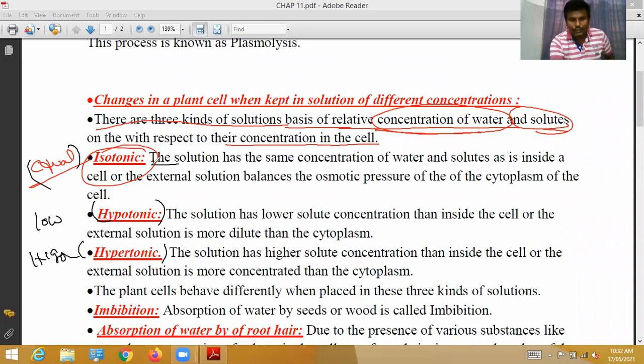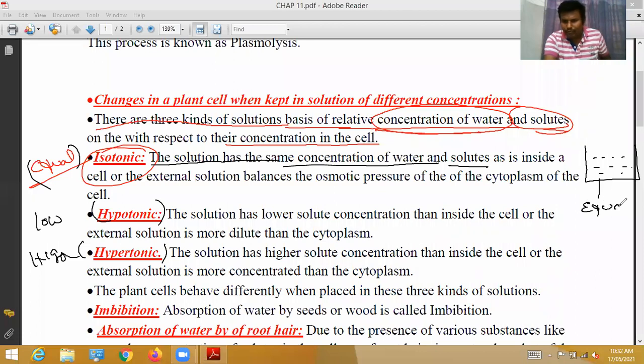So, the isotonic solution has the same concentration of water and solutes as inside a cell. Here they have kept one plant cell, and the same amount of water and solutes is in the solution.